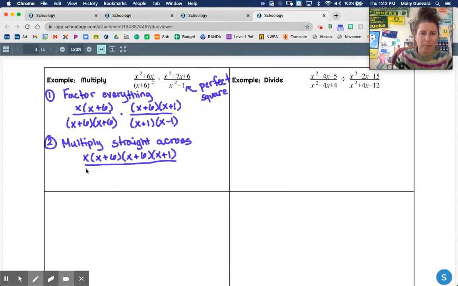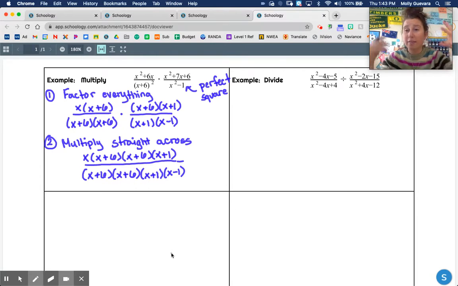And then on the bottom, I have x plus 6, another x plus 6, an x plus 1, and an x minus 1. So basically all I've done is I've taken these 2 fractions and I've put them together to make one fraction.